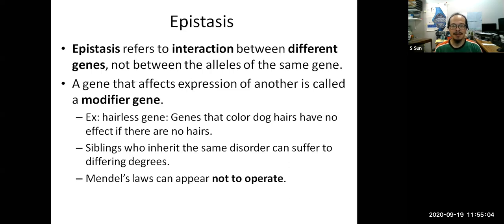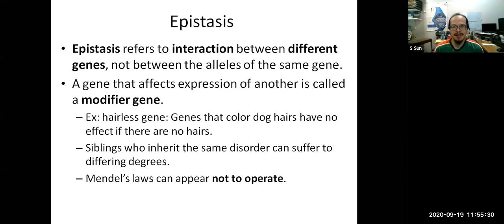This is called gene interaction, a phenomenon called epistasis. And we have genes called modifier genes. For example, the hairless gene will affect hair color.